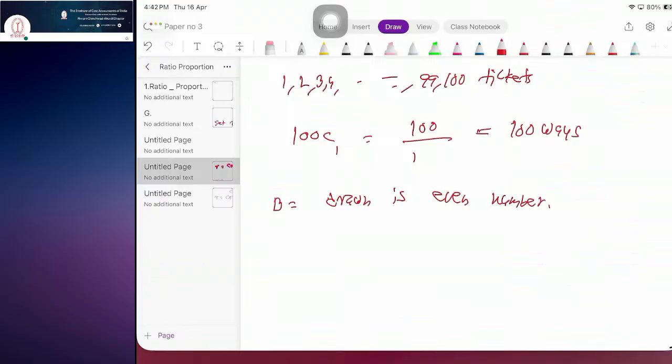What is an even number? When you divide that number by 2, the remainder is 0. That ticket is called an even number ticket.